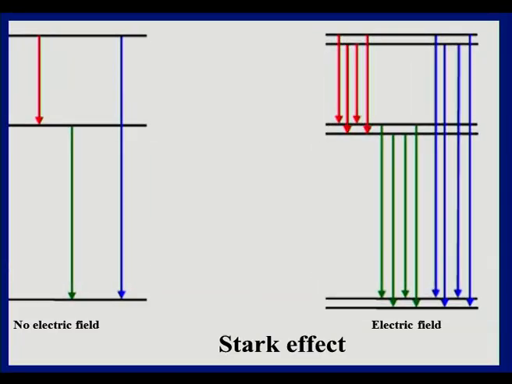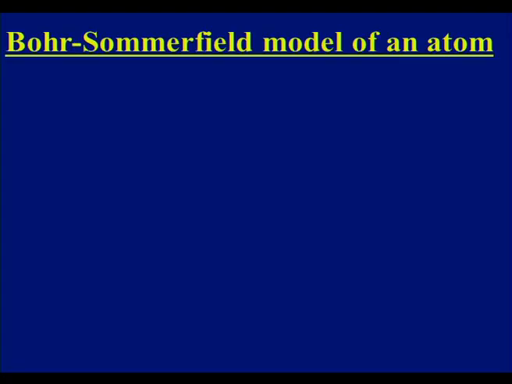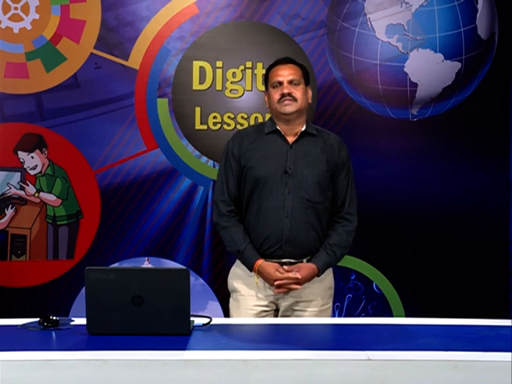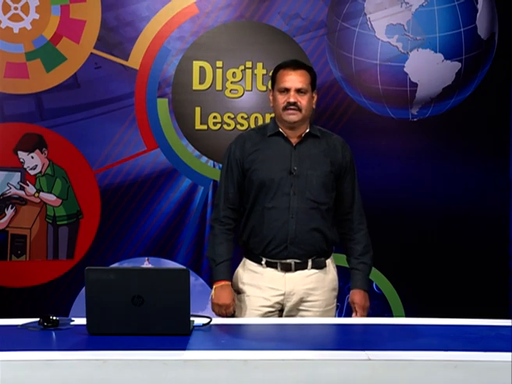Here you can see this. In the absence of an electric field, you can find one red line, one green line and one blue line, but in the presence of an electric field each line is split into more lines. This splitting is nothing but the Stark effect.